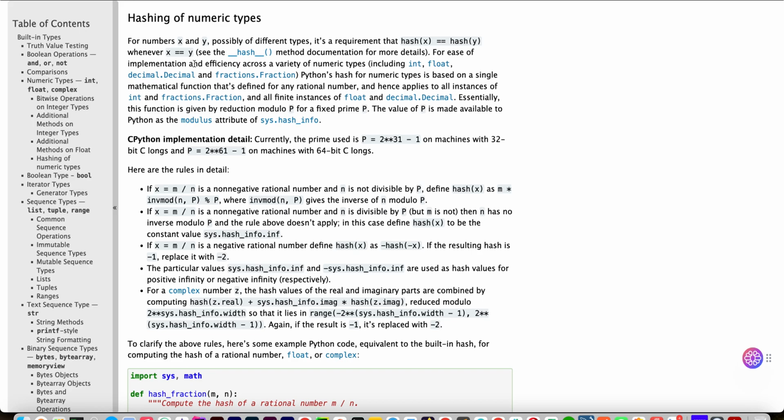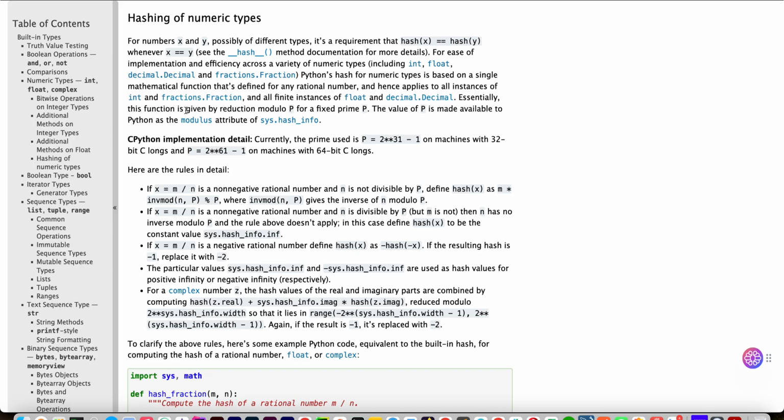For ease of implementation and efficiency across a variety of numeric types, including int, float, decimal.Decimal and fractions.Fraction, Python's hash for numeric types is based on a single mathematical function that is defined for any rational number, and hence applies to all instances of int and fractions.Fraction, and all finite instances of float and decimal.Decimal.